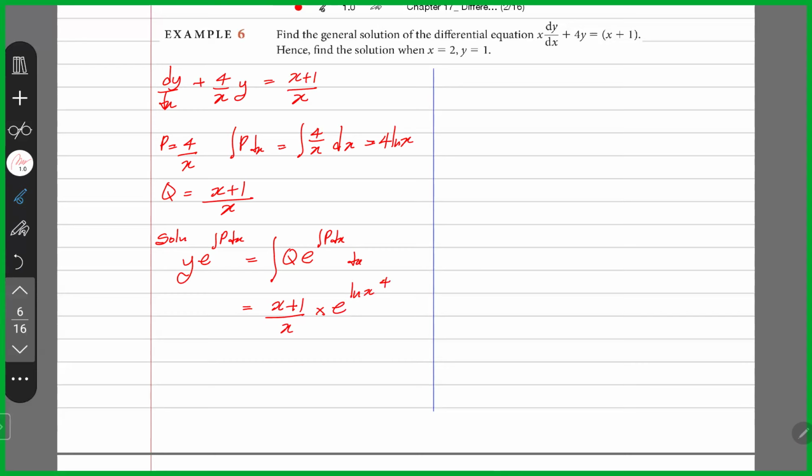But e to the ln x to the 4th power is x to the 4, so y x to the 4th power is equal to x plus 1 over x times x to the 4th power.